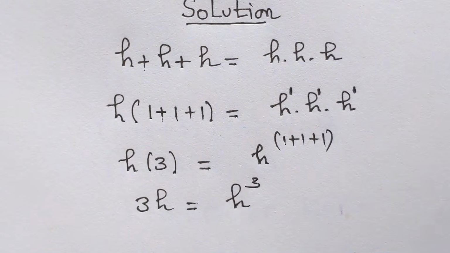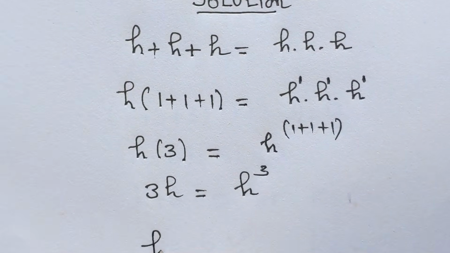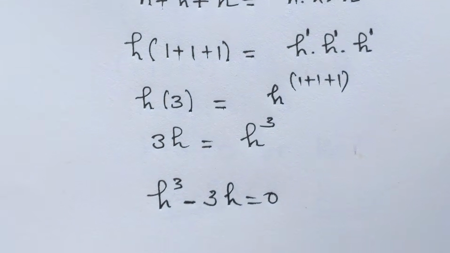Then we shall say h power 3 minus 3h equals 0.